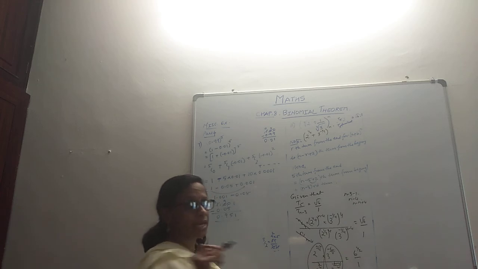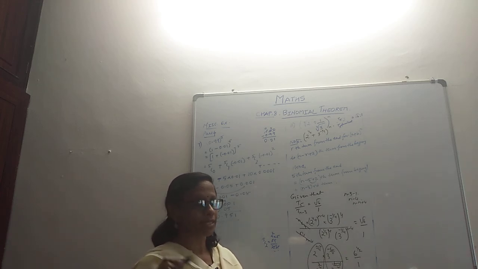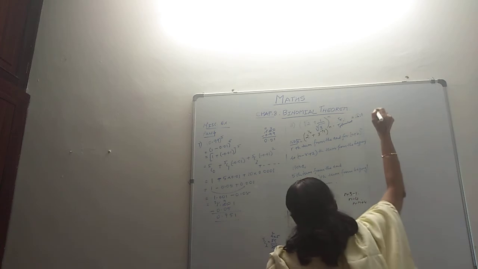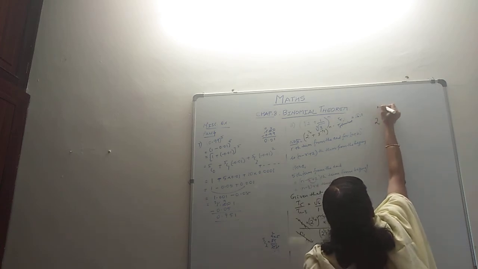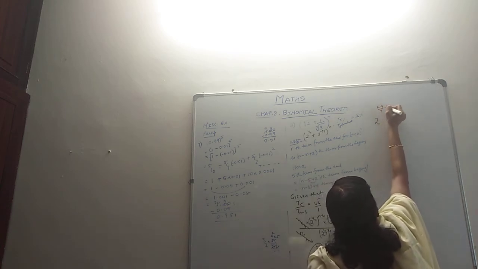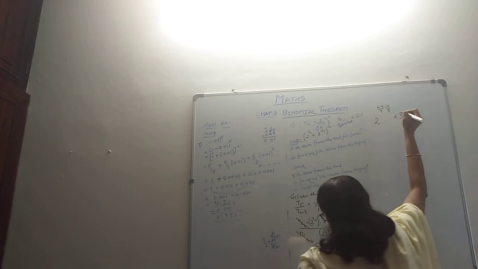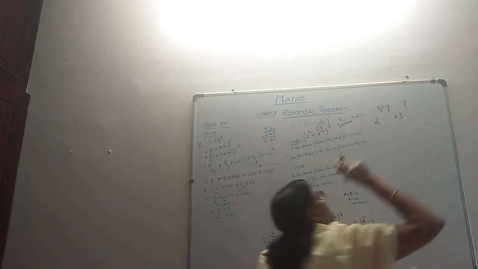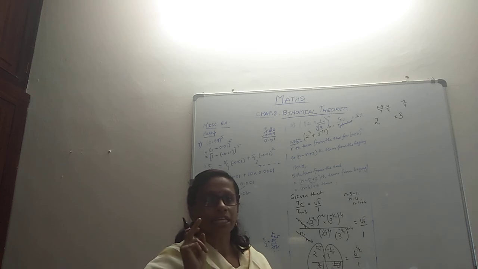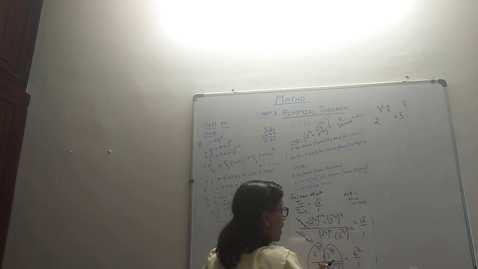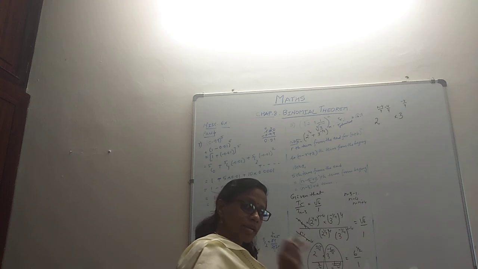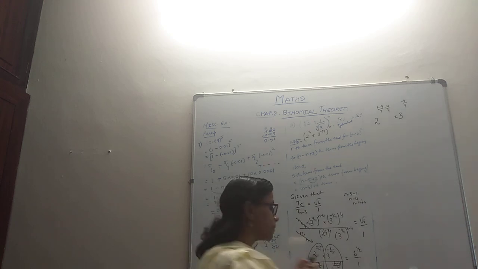a raised to m by a raised to n is a raised to m minus n. So this is going to be 2 raised to (n-4)/4 minus 4/4 and 3 raised to minus 4/4. Minus of this means already minus because of the law, and minus is already there, minus into minus is plus.